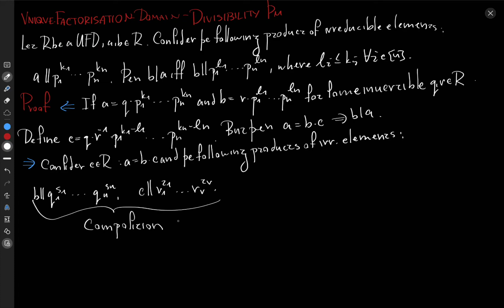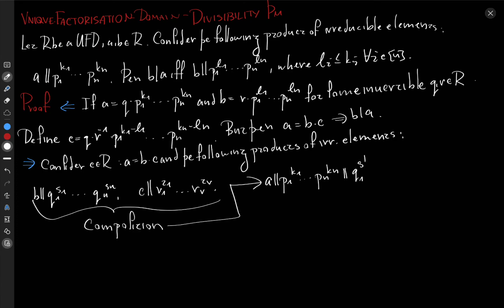And thus we obtain a new composition like so, and we can write that A is associated with the old product of irreducible elements, but it's also associated with the following product, the modified one.